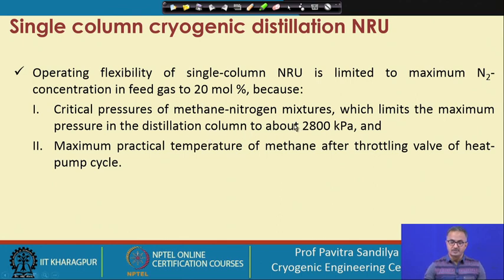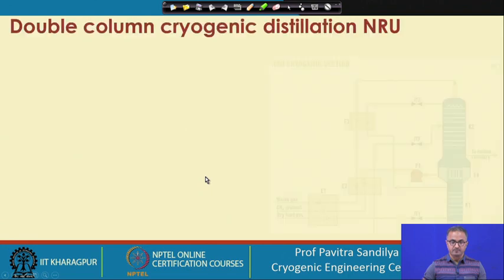So this critical pressure limits this methane-nitrogen mixture to about 2800 kilopascal, and the maximum practical temperature of the methane after throttling is also a limitation.